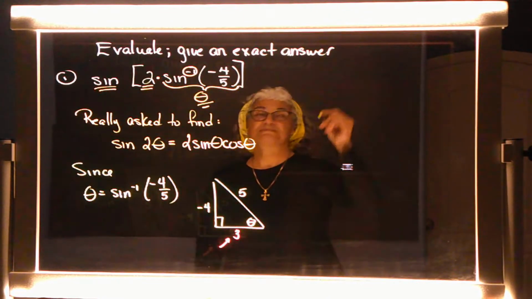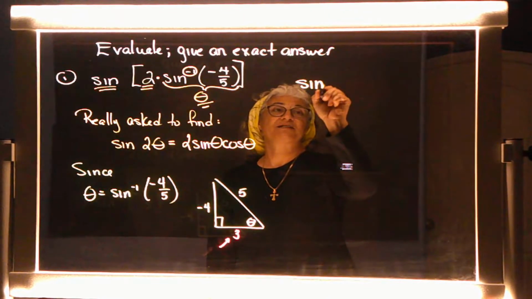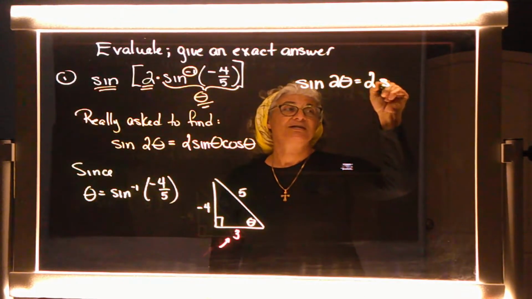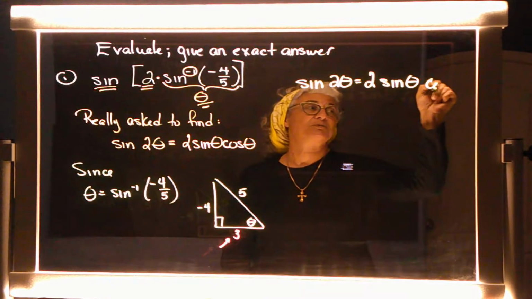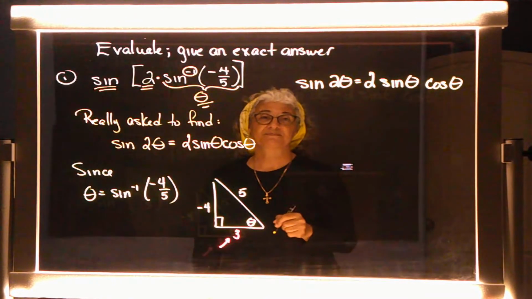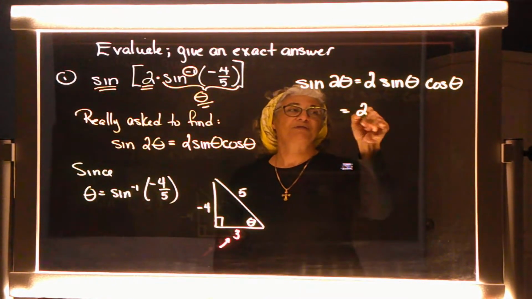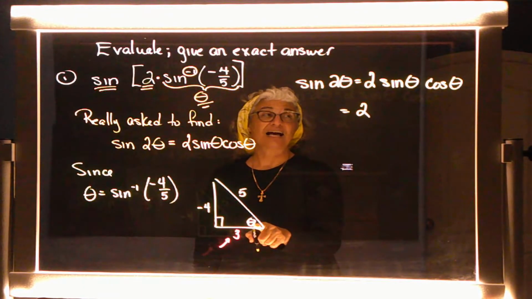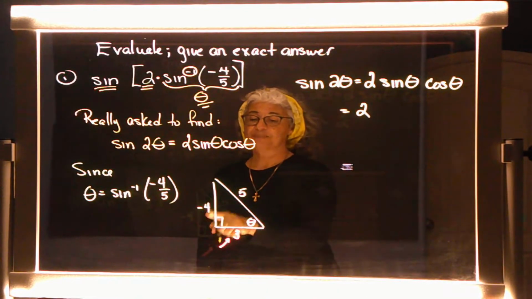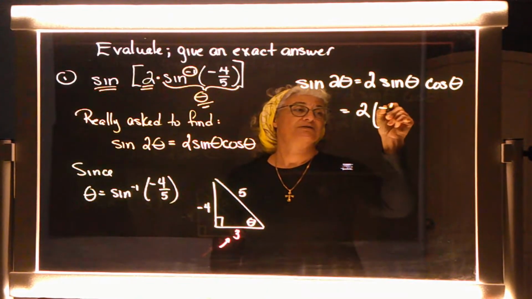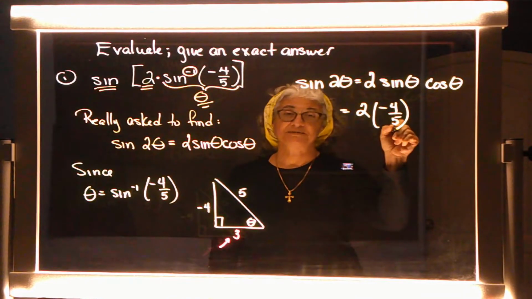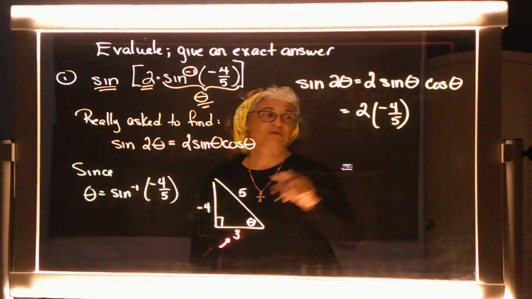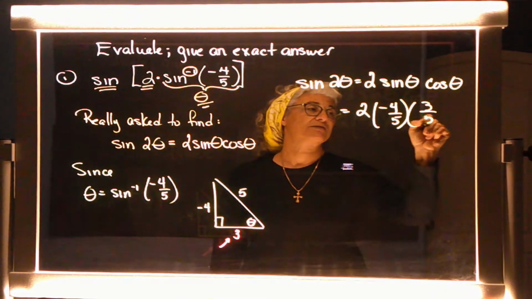Okay, so check it out. That means for us to find the sine of 2 theta, I need to do 2 times the sine of theta multiplied by the cosine of theta. Based upon this triangle, here's my theta. Sine of theta is opposite over hypotenuse, so negative 4/5, right? Cosine of theta is adjacent over hypotenuse, so 3/5.